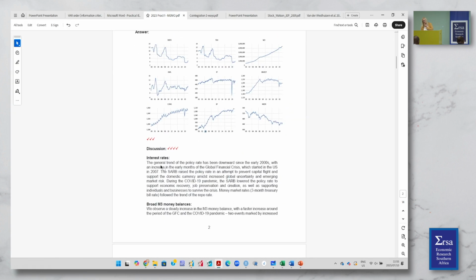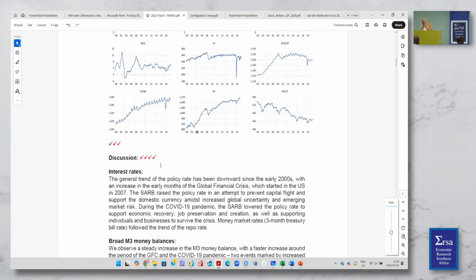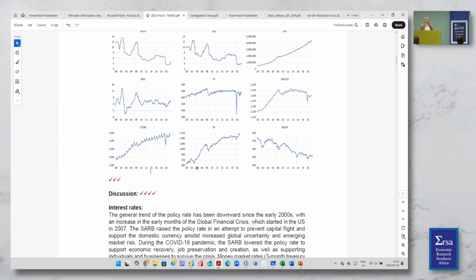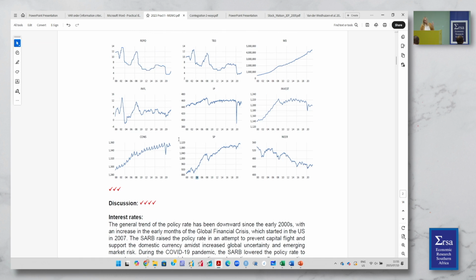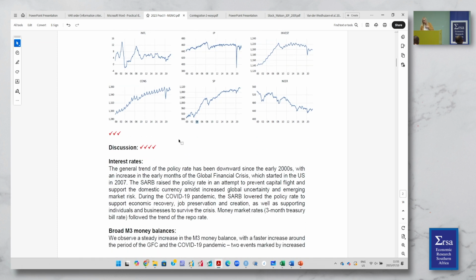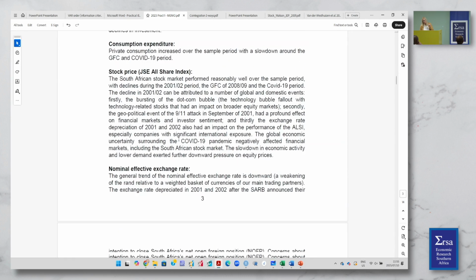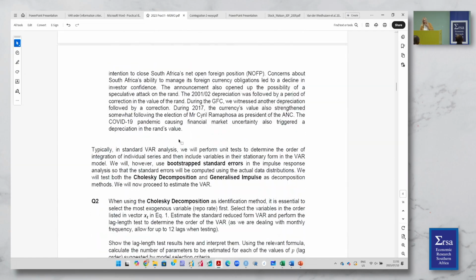Here we focused on those 9 variables, and you can see as soon as you work in monthly data, even though the series are already seasonally adjusted, there are still some of these, it's not a smooth line.